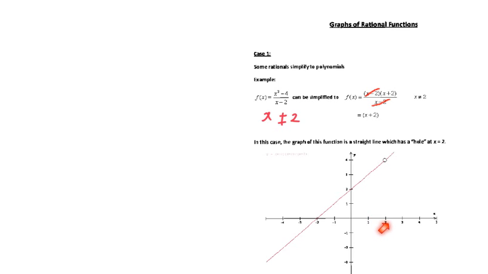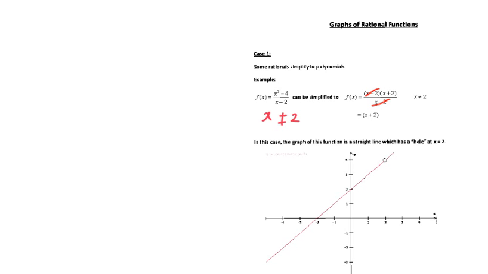We go to x equals 2, we go up to the line, and we place a hole. What does that hole mean? It means that there is no value there. The x's get closer and closer, so they can be 1.9999999, they can be 2.000000001, and so on, but never really ever 2.